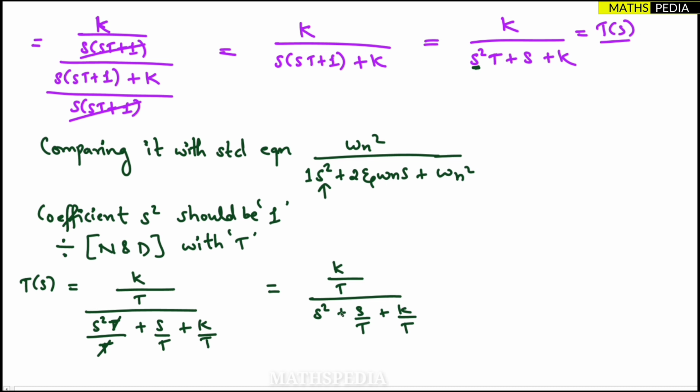Again, don't take LCM and cancel t, because if you take LCM, t will come again here, so don't do that. This will be our final simplified form of T of s.